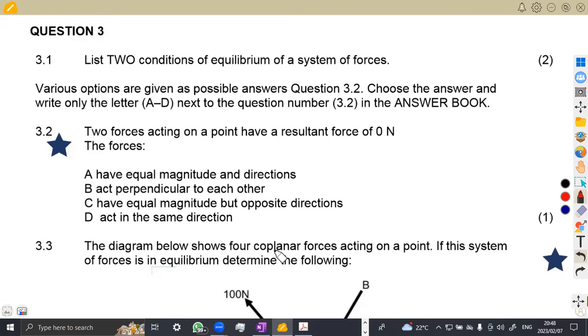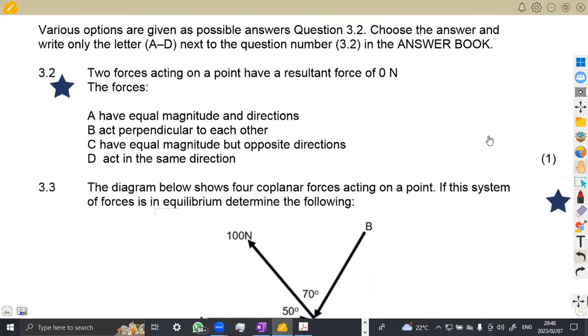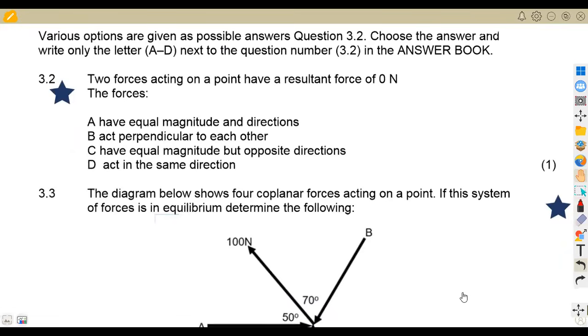So that is what we had from the first question, the conditions that we have for equilibrium of a system of forces. Okay, on 3.1, various options are given as possible answers from question 3.2. Choose the answer and write only the letter, that is A to D, next to the given number, that is 3.2 in the question. Two forces acting on a point have a resultant of 0 Newton.